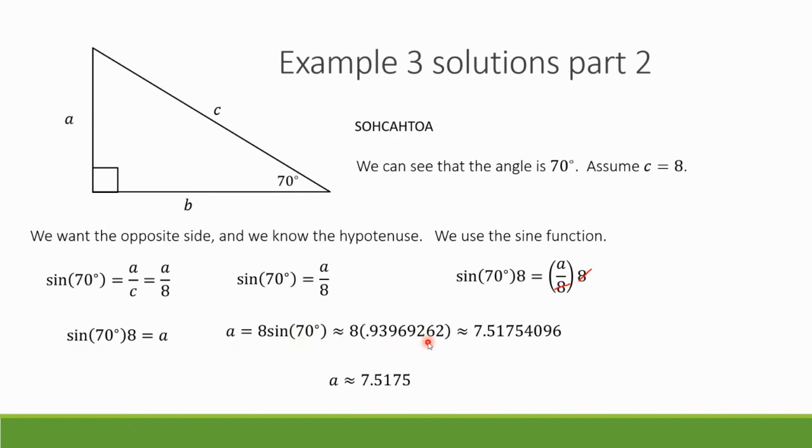Again, calculator is what I would use, okay? Here I used 8 decimal places, but that's okay. Then 8 times this, we get this number. You want to round then to 4 decimal places, and this is what we get. That's good. Okay, any questions on this?